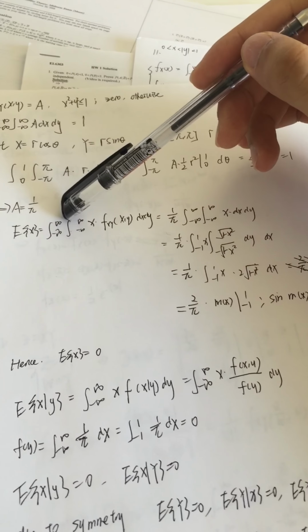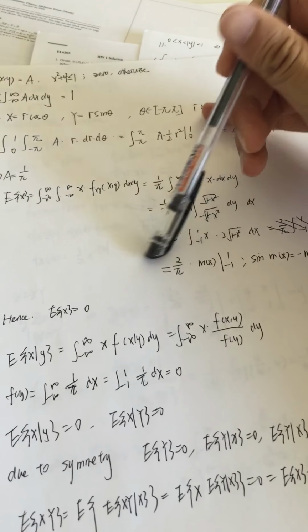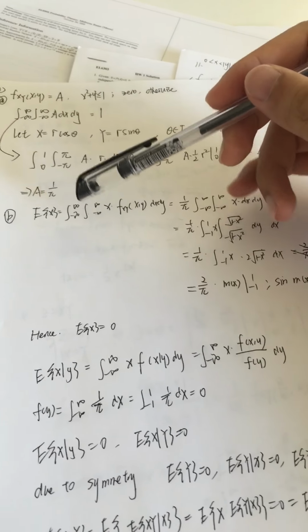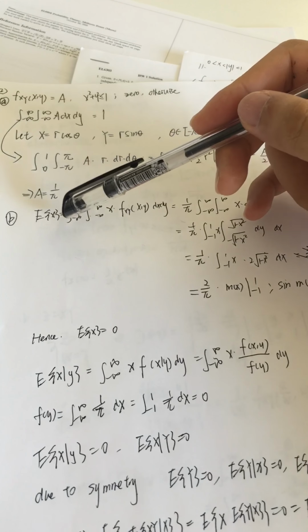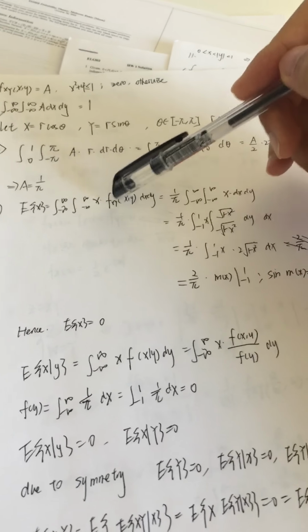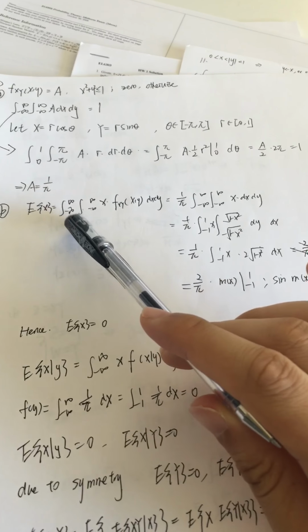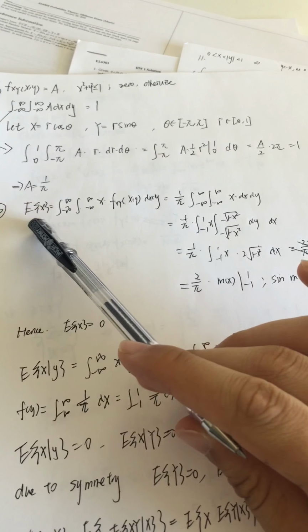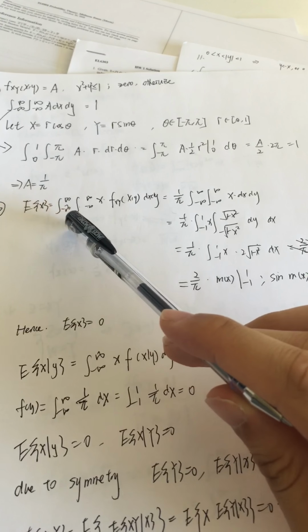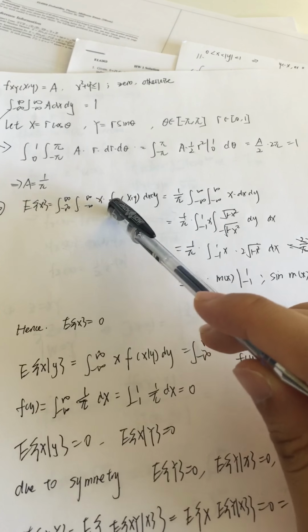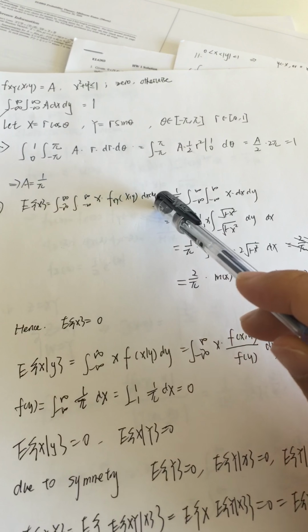For the second part, we need to find the conditional mean functions. For the first mean, according to the definition, the mean of X is the integral of x multiplied by f(x, y) dx dy.